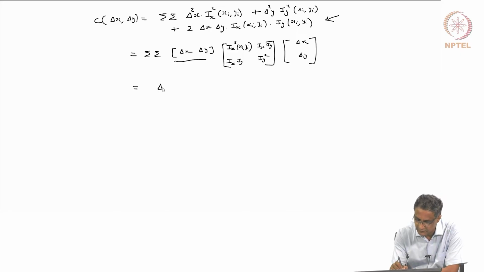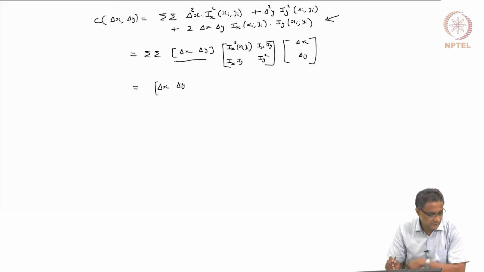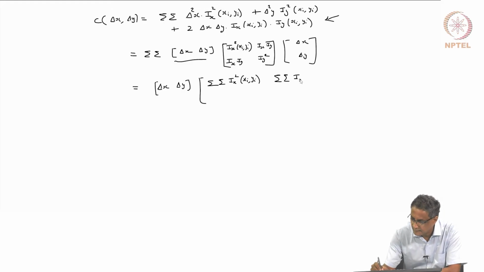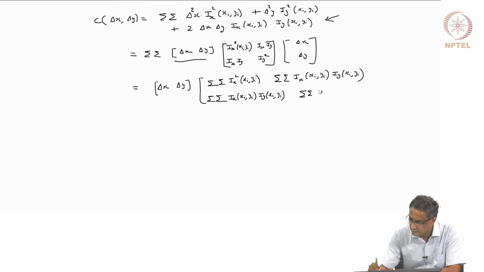Therefore, we can pull that out, and then what we will have is delta x, delta y, then the summation over the matrix: double summation Ix square, Ix Iy, Ix Iy, and Iy square, and then delta x, delta y.